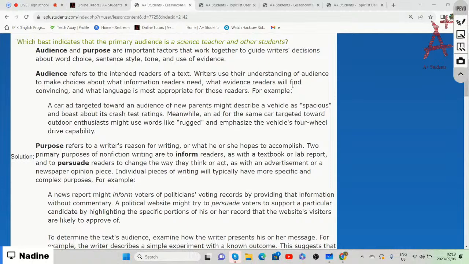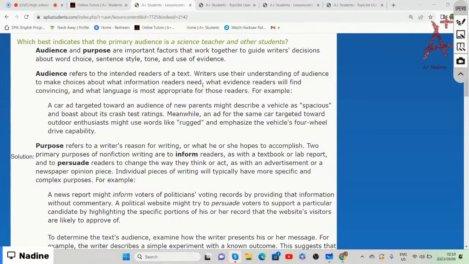All right. And remember, persuasive writing can be quite convincing, because when it comes to persuasive writing, it means that you need to be able to persuade somebody in a manner in which the audience would want to either read the book or, in this case, the example that they made about politicians and voting, right?